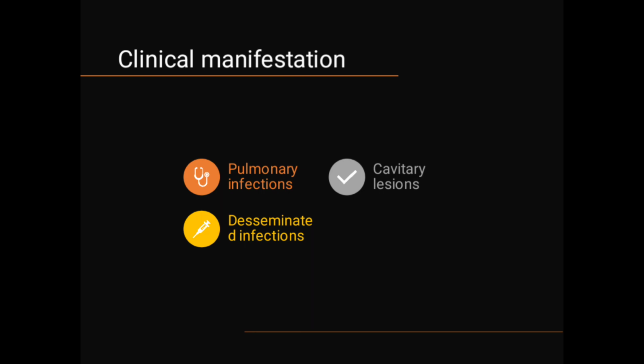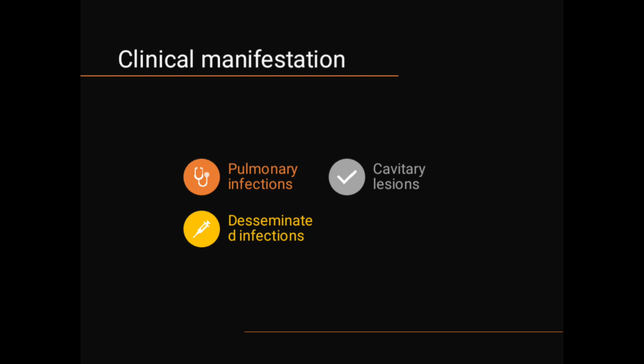In this, Mycobacterium kansasii commonly causes lung infection leading to symptoms such as chronic cough, sputum production, hemoptysis, which means coughing up blood, chest pain, and fatigue. And the next one is cavitary lesions. Some cases may involve the formation of cavities within the lung tissue similar to tuberculosis.